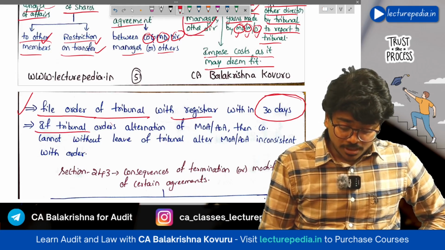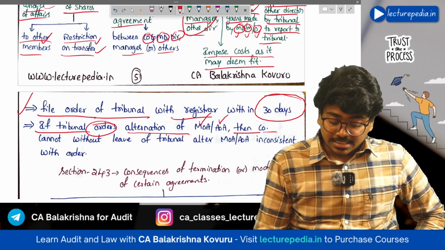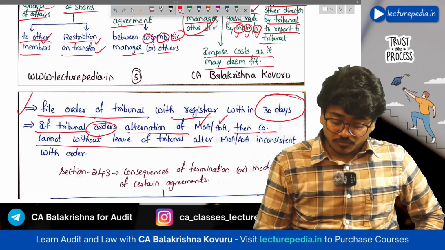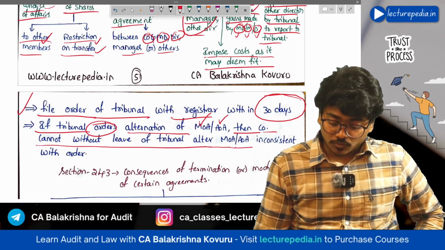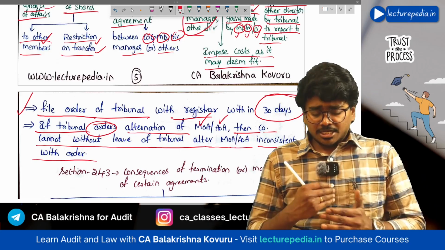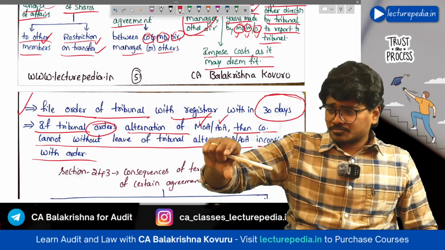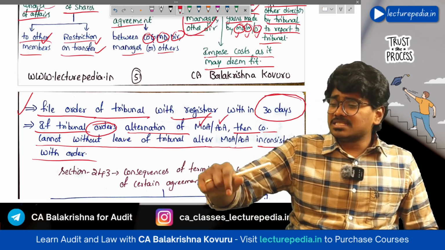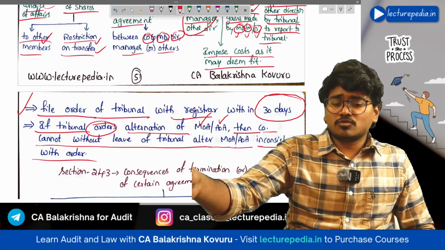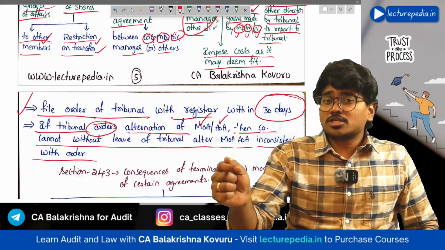Next, if the tribunal orders alteration of MOA, AOA, then the company cannot, without leave of the tribunal, alter the MOA, AOA inconsistent with the order. Let's say the tribunal has passed an order stating that you introduce these clauses into your MOA or AOA, then the company has to introduce only those clauses.